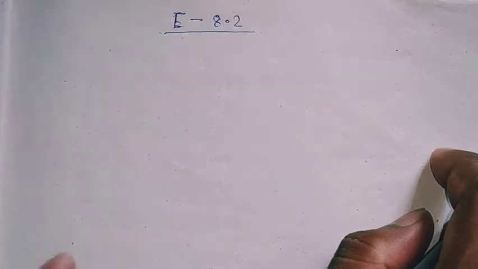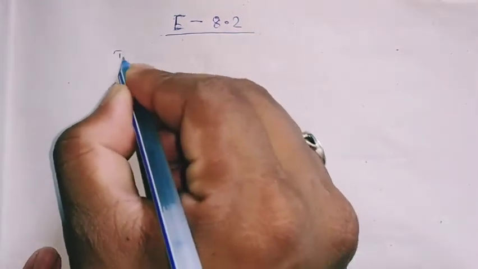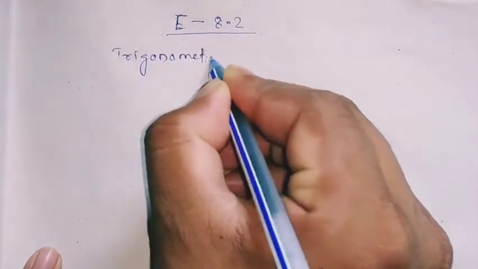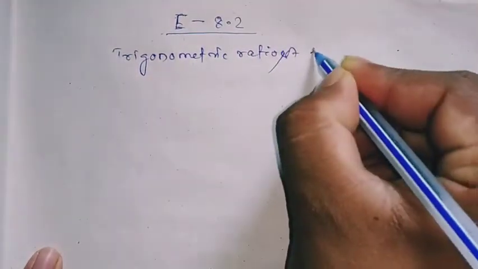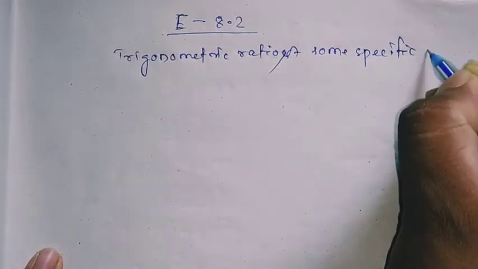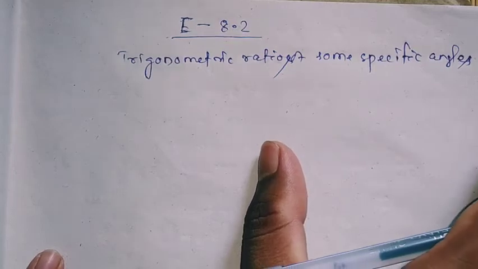So in exercise 8.2 we will deal with trigonometric ratios of some specific angles. That means we have been given some specific angles, right?